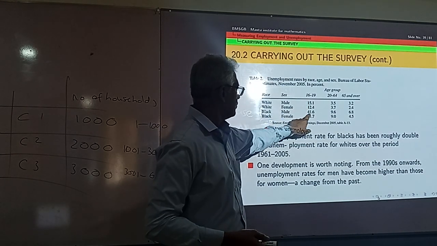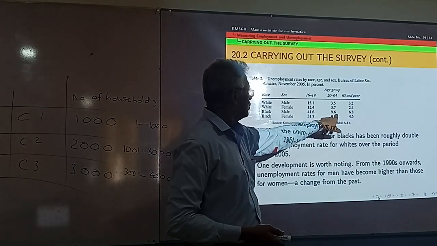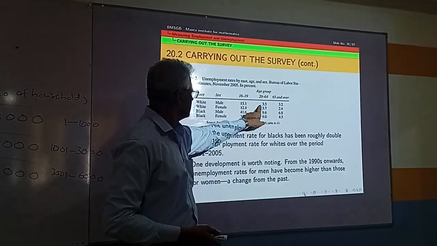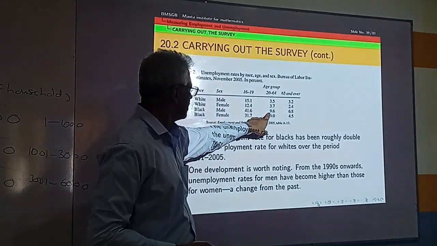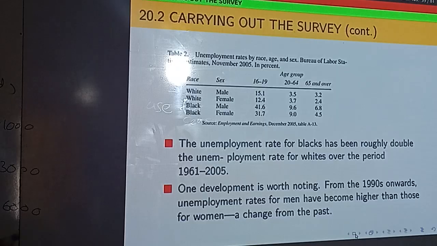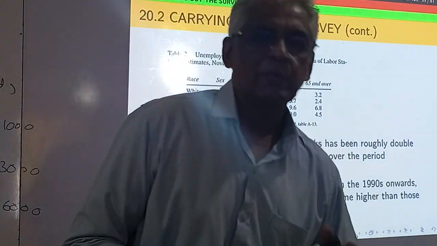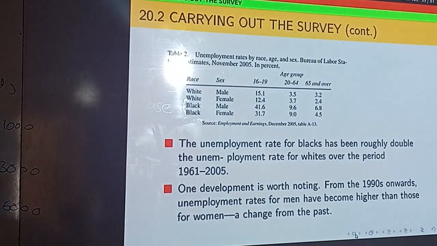Within blacks also, the male unemployment rate is much higher, right? Here this one is smaller, but this one is larger. This one is larger. This one is larger. So in general, in this case, the male unemployment rate is higher than the female unemployment rate by this year. But previously it was the other way around.